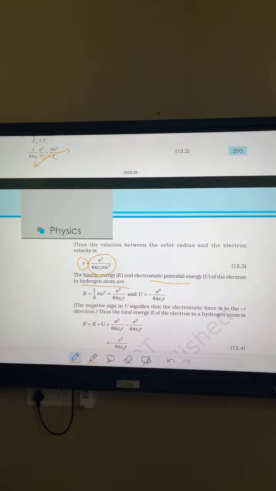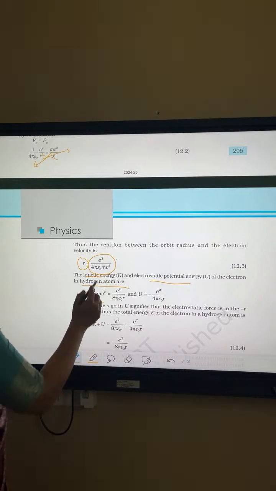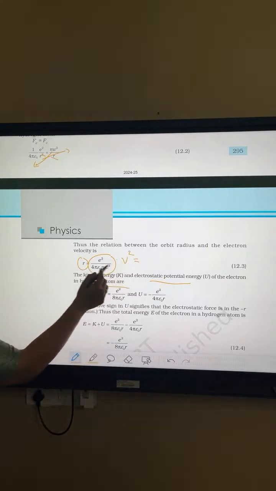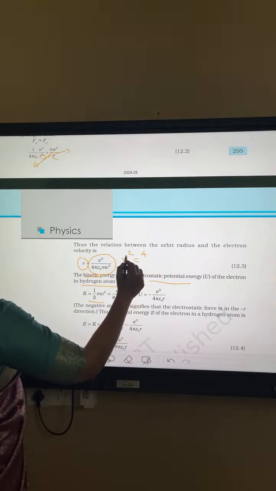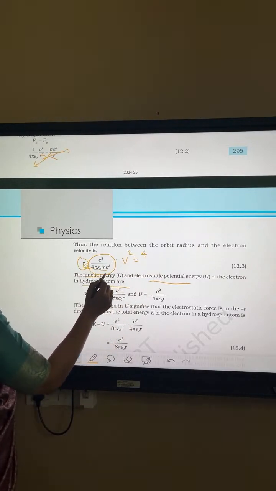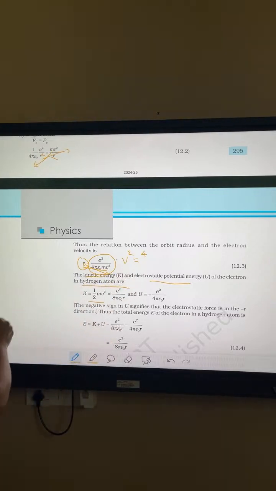We are considering the hydrogen atom, since it contains one proton and one electron. So what is the kinetic energy? The formula is half m v square. What is v square here? If you bring this v square and r, just exchange them.